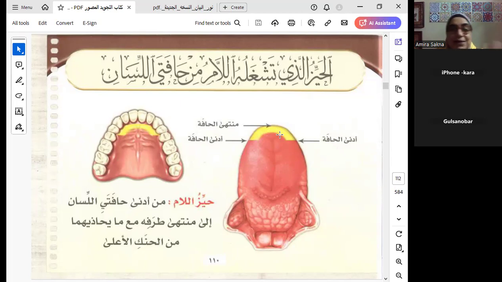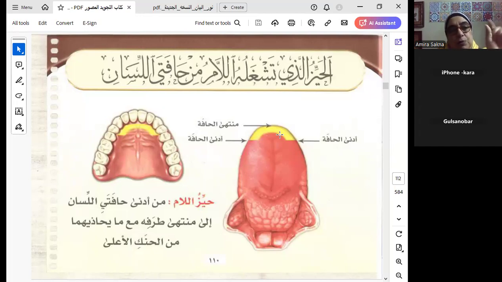Regarding being a heavy letter or a light letter, in general, letter lam is a light letter, harf muraqqaq, except for lam lafdh al-jalala, the lam of the holy word Allah.